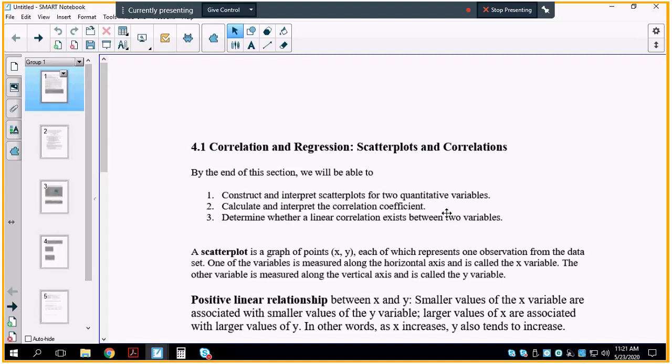The couple of things that I want to mention before we start talking about the concepts, one of them is we are going to study a linear relationship. What do I mean by saying a linear relationship?